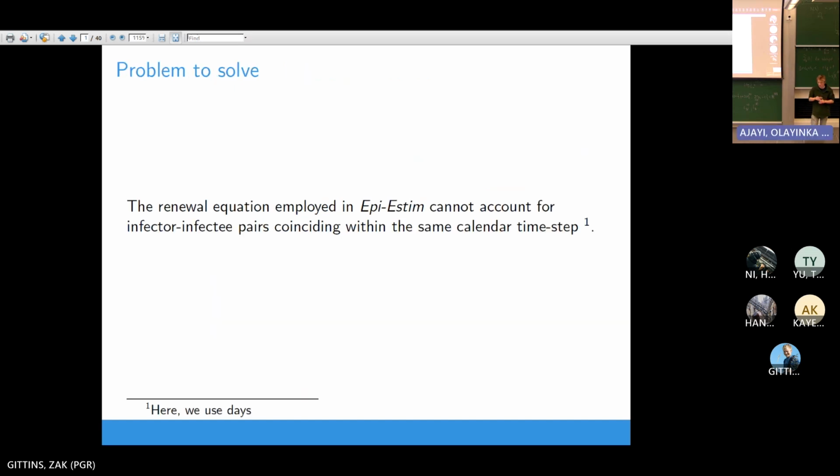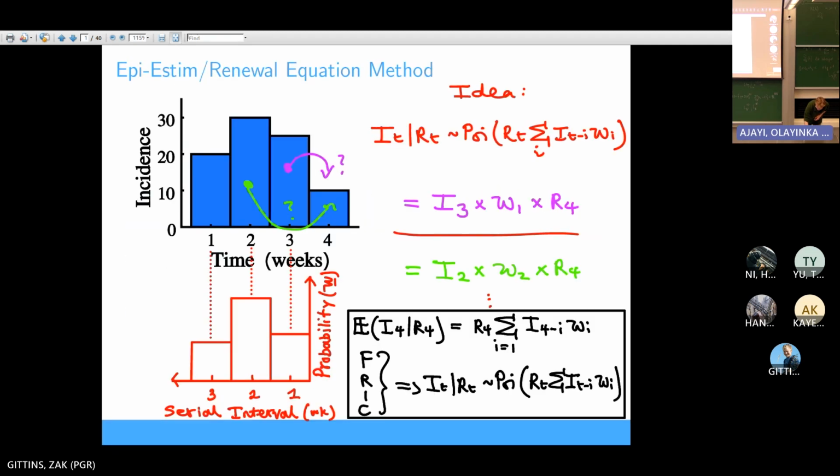Also, quite a problem that my supervisor and I have been trying to solve. The renewal equation that we've just talked about can't account for infector-infected pairs coinciding within the same calendar time step. Just to look at that equation again in the top right, it's saying that I_t, cases arising on day t, will arise due to cases prior to day t, not including day t, or week t, or month t, or whatever time interval you choose.